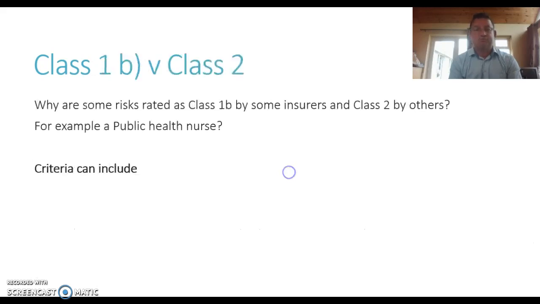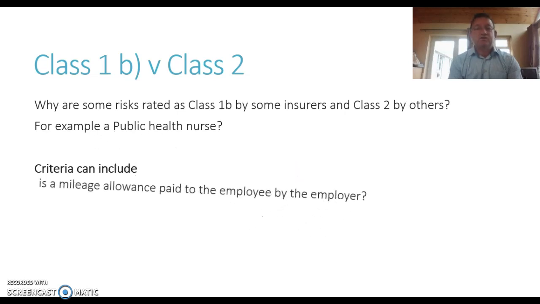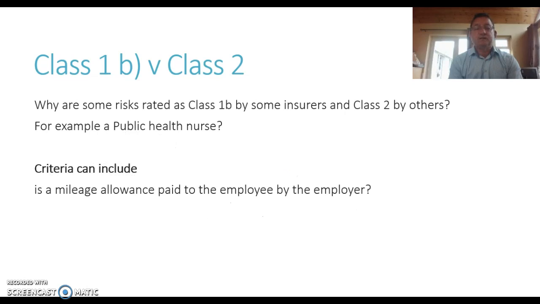So often in lectures we're asked, why is a Class 1B cover rated by some insurers as Class 2? Taking the example of the private health nurse, when insurers consider these, they look at a number of criteria. For example, they look to see if a mileage allowance is paid to the employee by the employer.